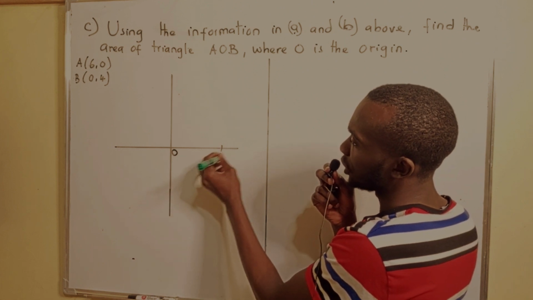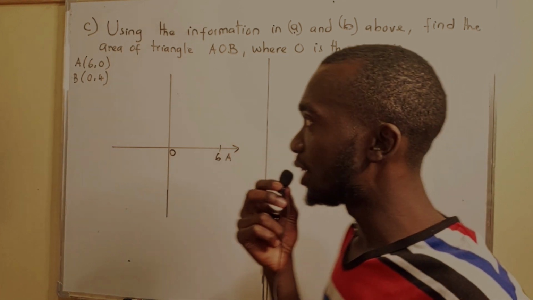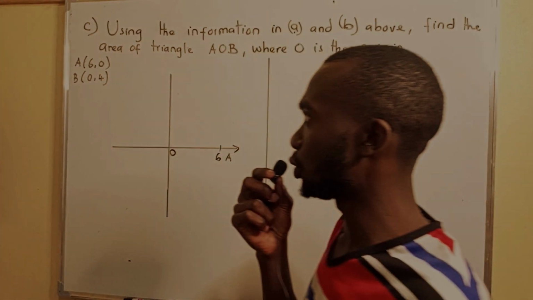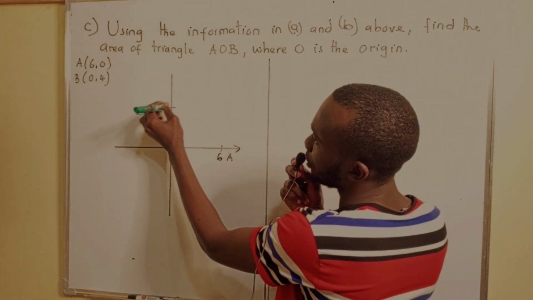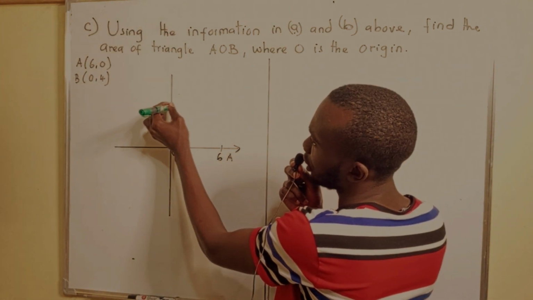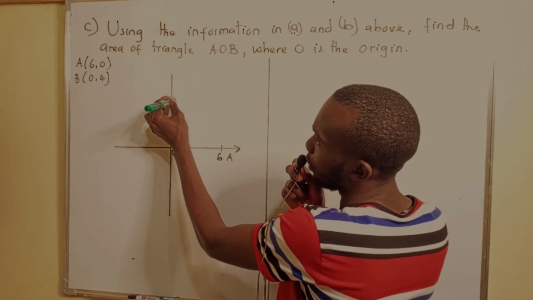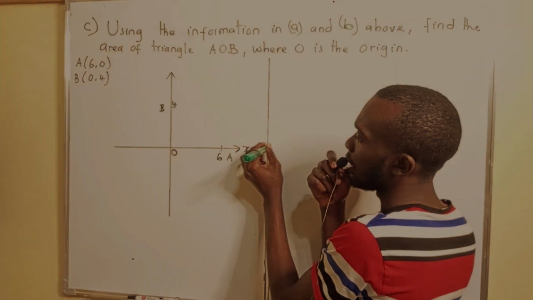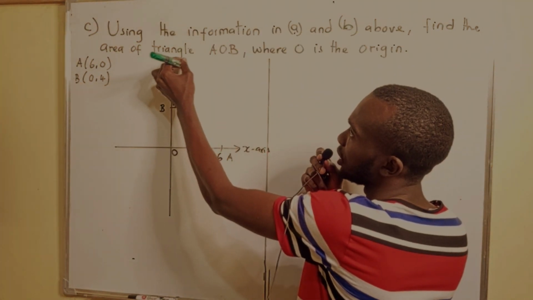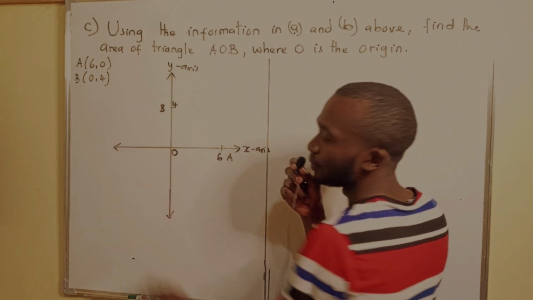Here is where we have point A. The coordinates of point B are x is 0 and y is 4, so this is point B, because 4 is on the upper side. This is the x-axis, this is the y-axis, and we have point O, the origin.